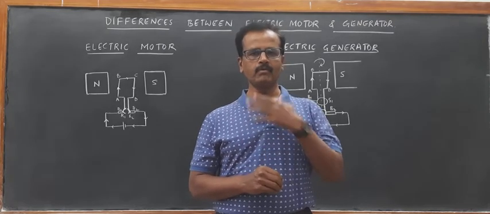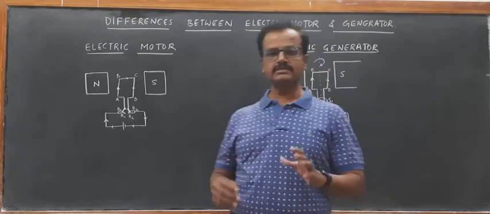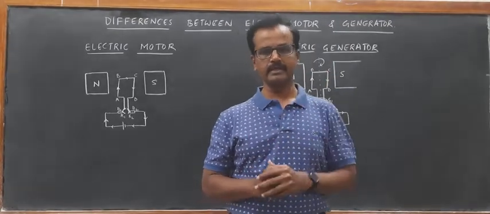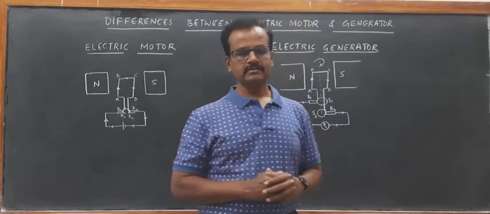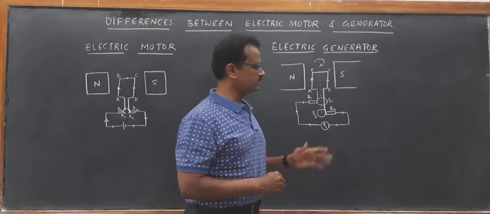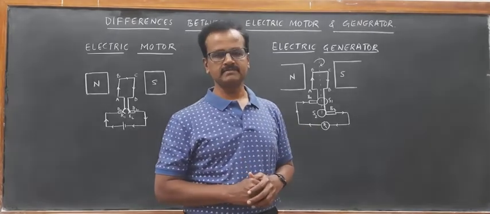Now we are going to learn the differences between electric motor and electric generator. Before we learn the differences, what are the factors on which the electric current produced in a generator depends?